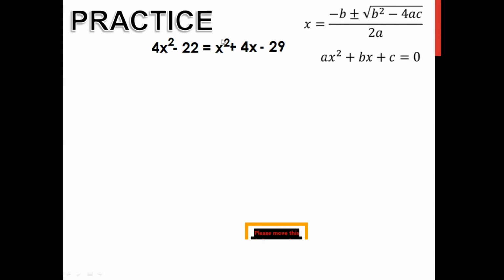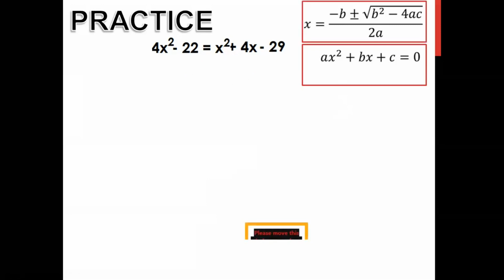So as you can see, our highest degree with leading coefficient of positive is in the left side. So all terms should be transposed in the left side. So take note, we need to change the equation into general form and then substitute in our quadratic formula.